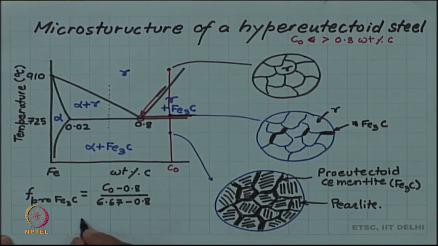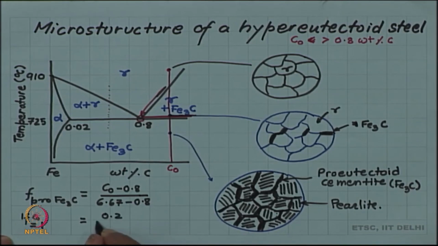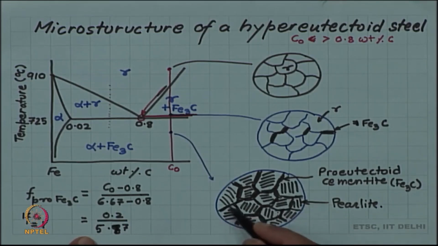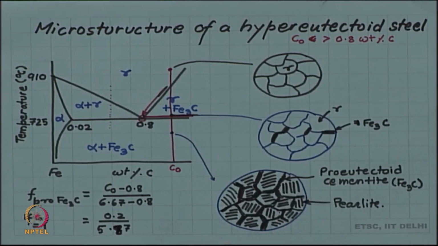If C naught is equal to, let us say 1, for 1% let us calculate. This will be 0.2 divided by 5.87, which will be a much smaller number. So, the fraction of cementite which will come out will not be too much, and they initially come on the grain boundary. So, they appear as a network covering the grain boundaries. So, with this we complete the microstructure of steels.